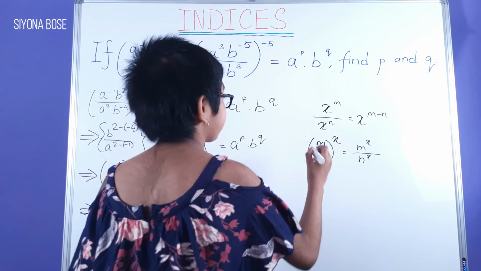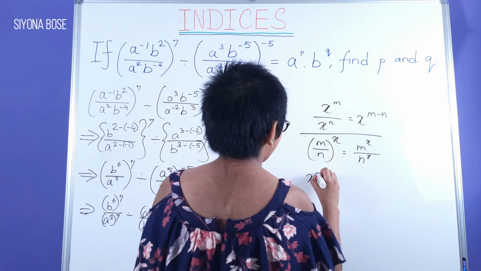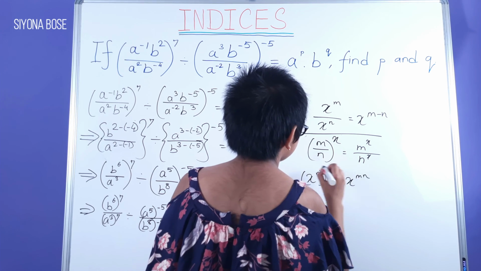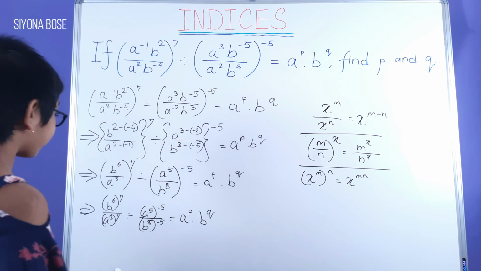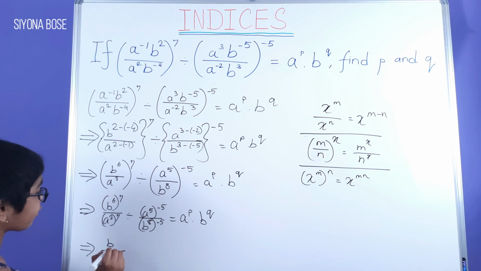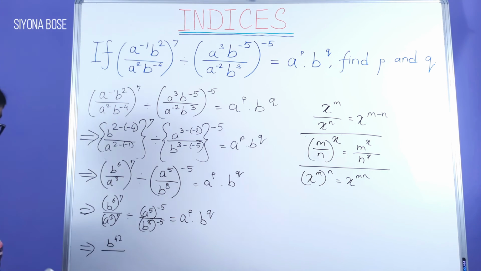Again, we will refer to another property. If it's like x to the power of m whole to the power of n, it's equal to x to the power of mn. Then over here we will get b to the power of 42. 6 sevenths are 42. We know that really well.